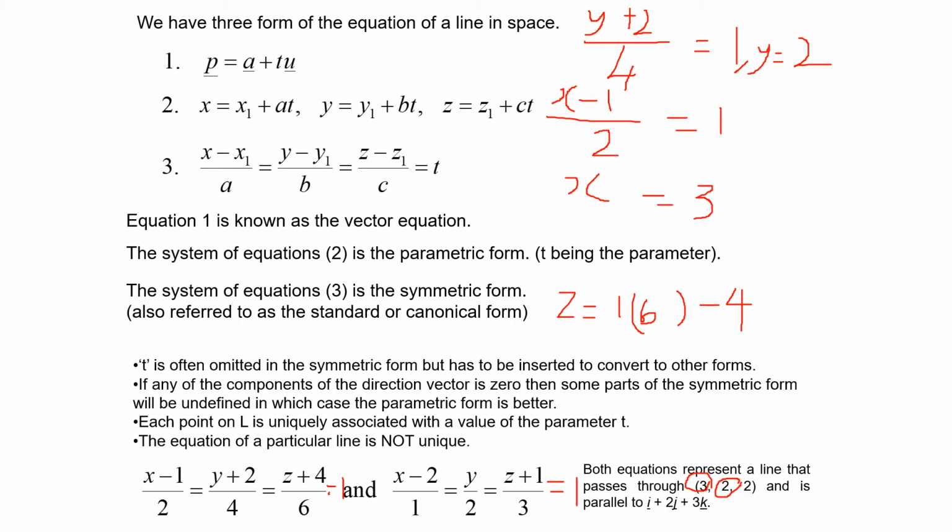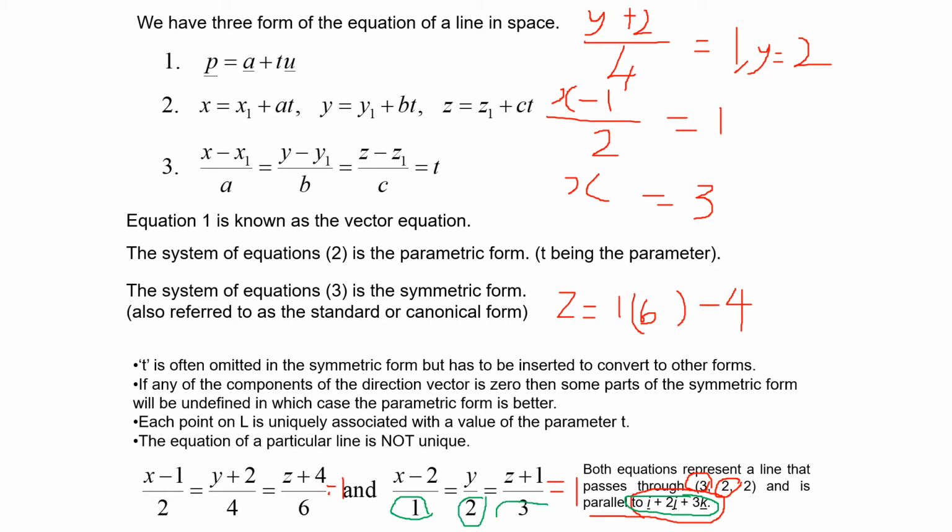So you see these two equations look different, but the point they go through is the same. And same goes with the direction vector, or a vector parallel to it. How do we identify the direction vector coefficients ABC? Remember, they are the denominators at the bottom here.